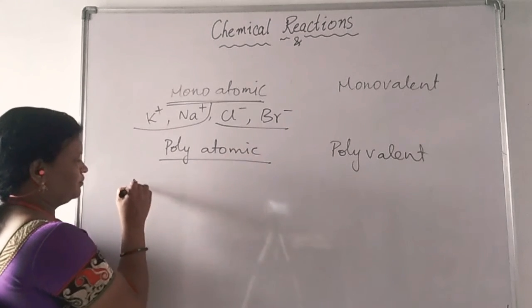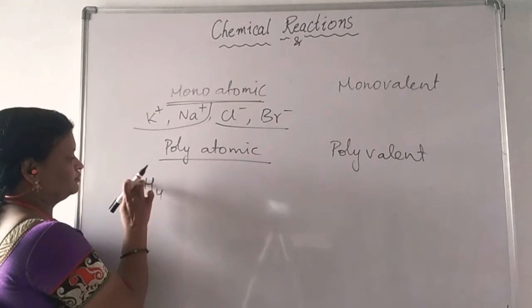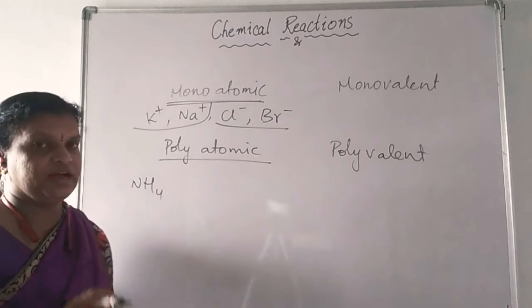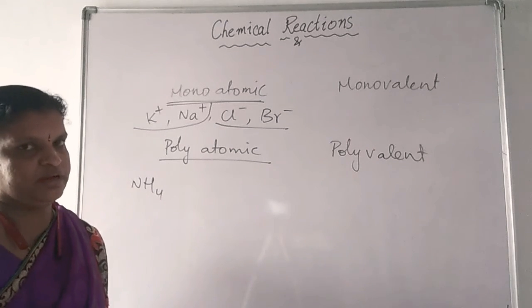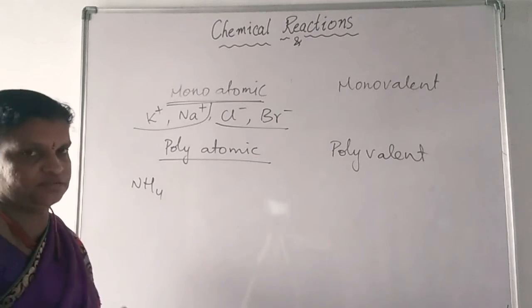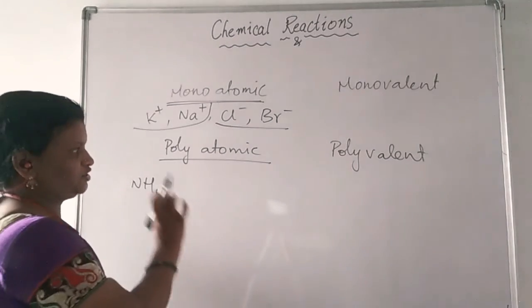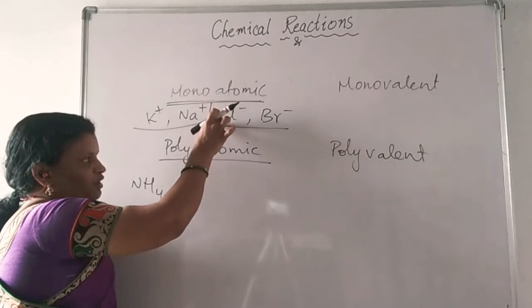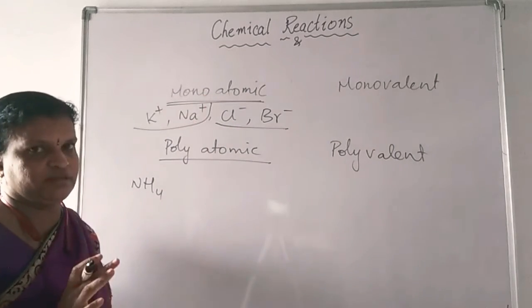Polyatomic, I am taking here, I will take the ammonium ion. I said here I will take atoms more than 1. They may carry -2, -4, +1, -2, something else, but I am just showing the difference between monoatomic and polyatomic.